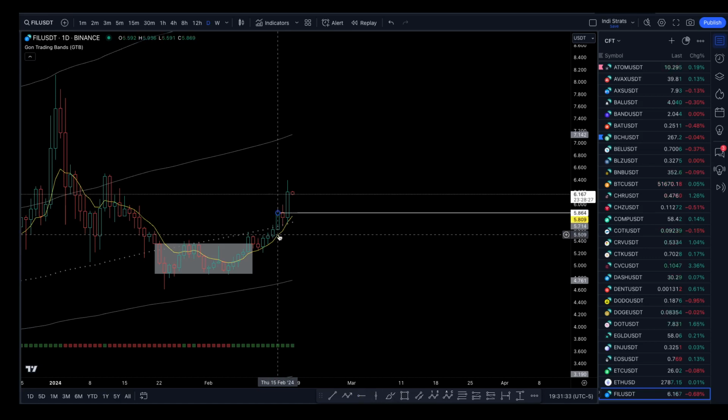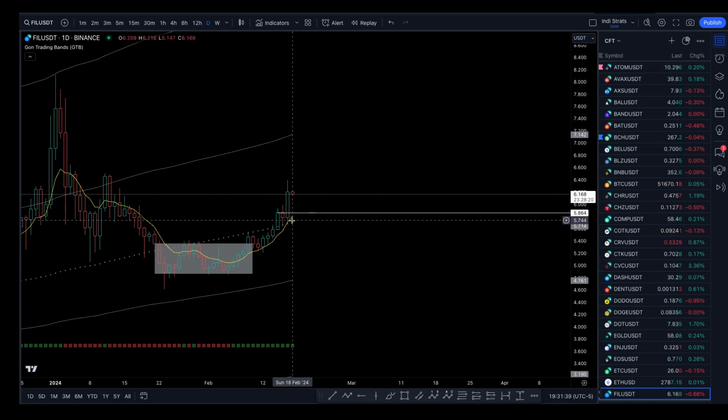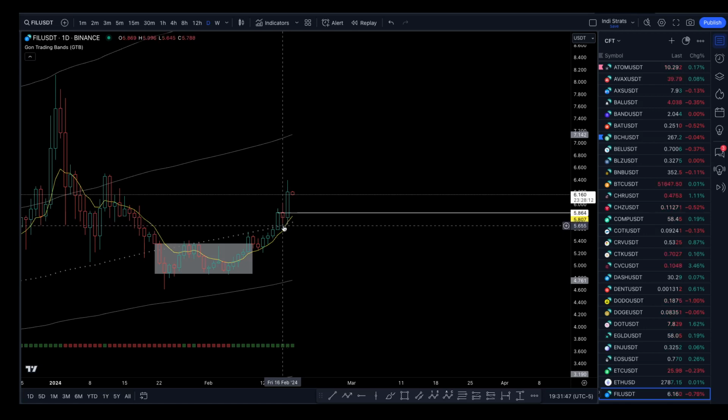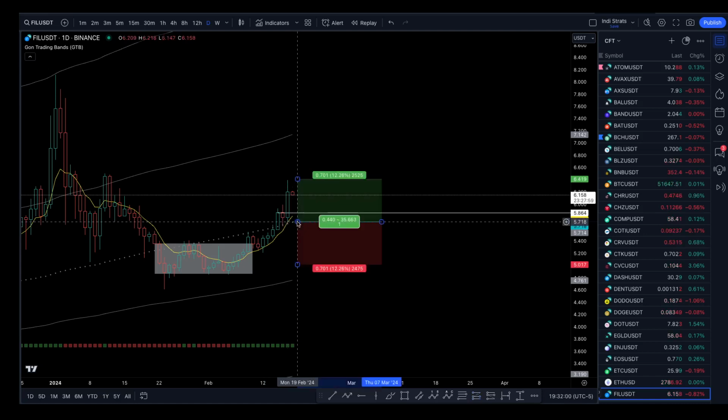And then when I get further confirmation that the relative strength line is also moving through the resistance band, it will get retested usually. During that time, I will just time my entry at the retest of the resistance band, especially when the resistance band is in line with the relative strength line. So entry here.